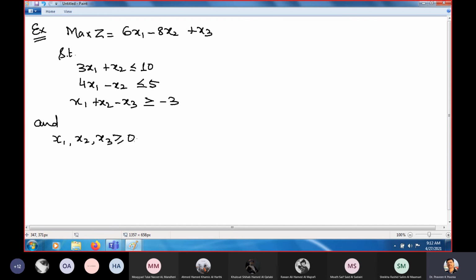Clear? In this problem, as you can see, this is a maximization problem.